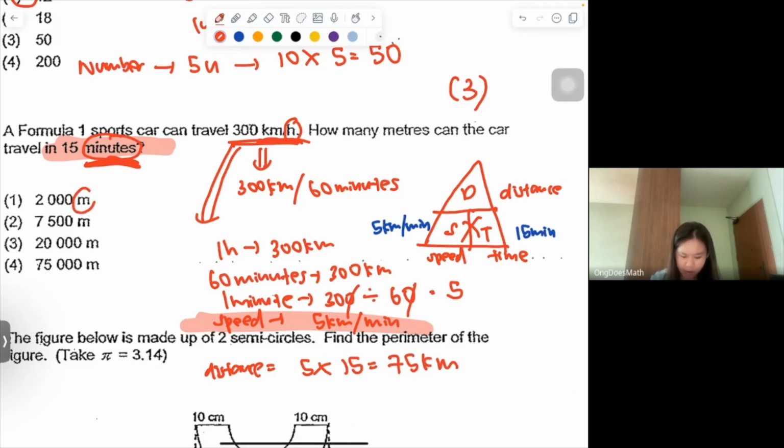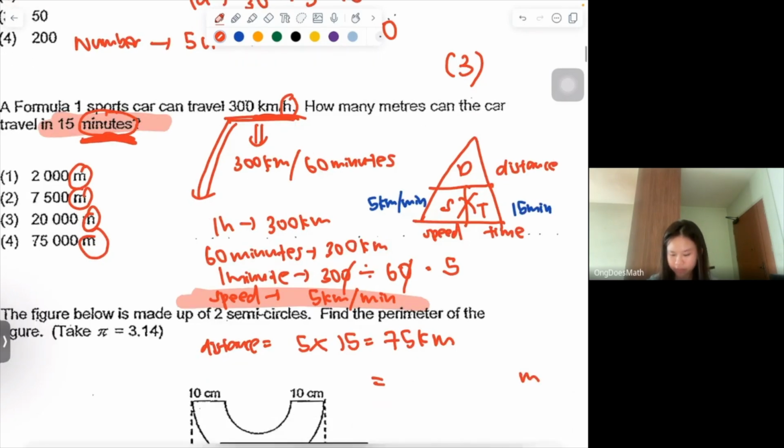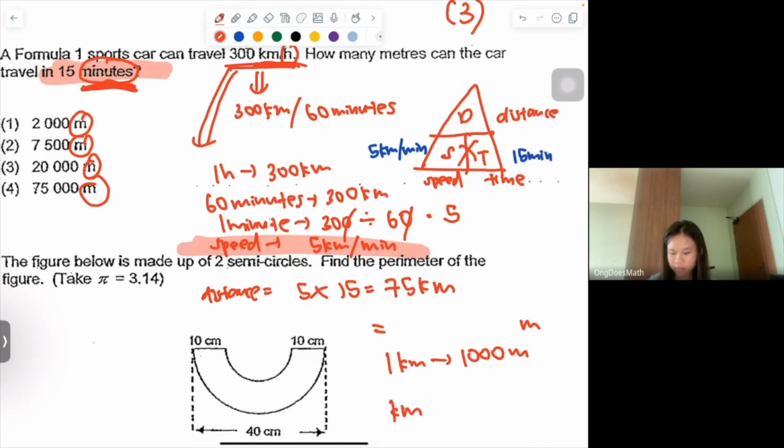But the options are all in meters, so you just have to convert 75 km to meters. And how do you do that? You have to remember this conversion. 1 kilometer is 1,000 meters, which means that to convert from kilometer to meter, multiply it by 1,000. The opposite will just be the reverse, so you divide it by 1,000.